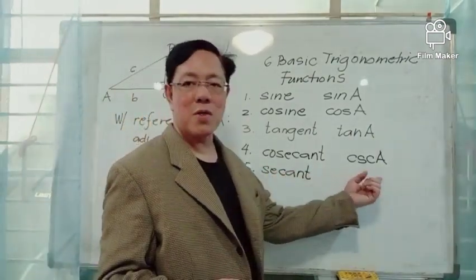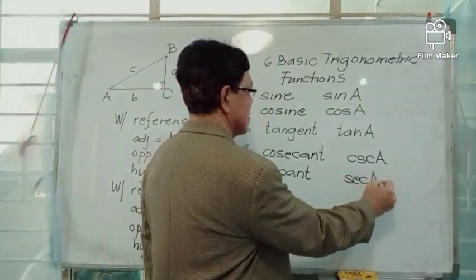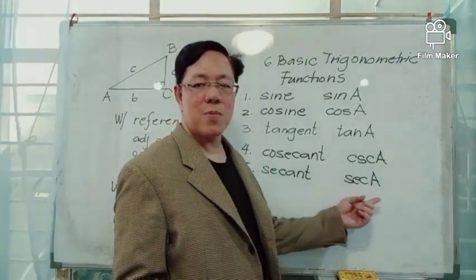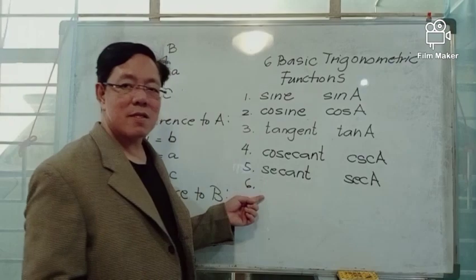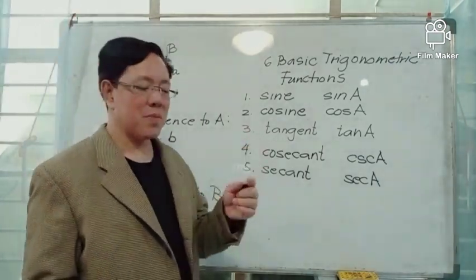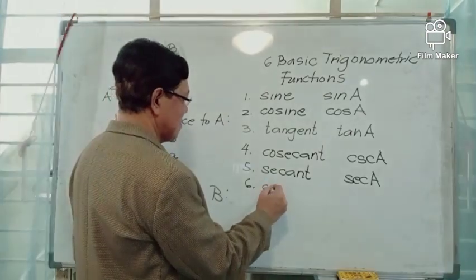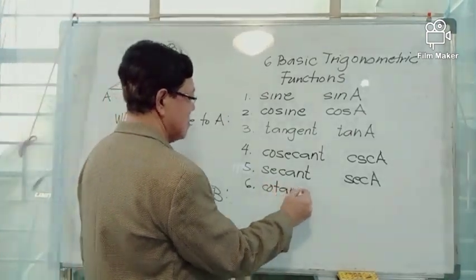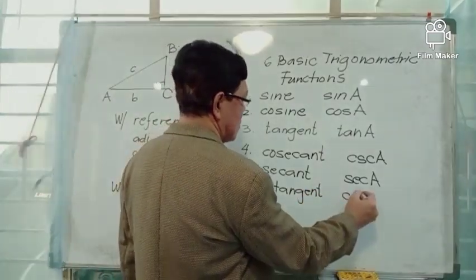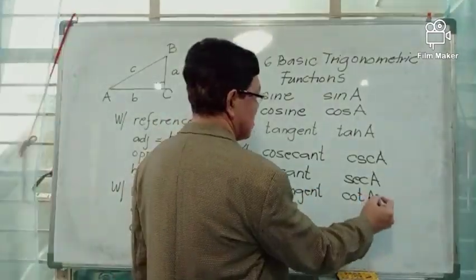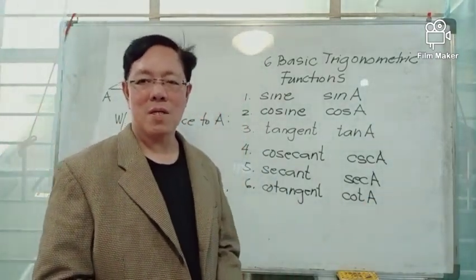For the acute angle A, we write SEC A. We read secant of A or secant A. And the last is the reciprocal of tangent, and it's called cotangent. We write COT A, cotangent of A or simply cotangent A.